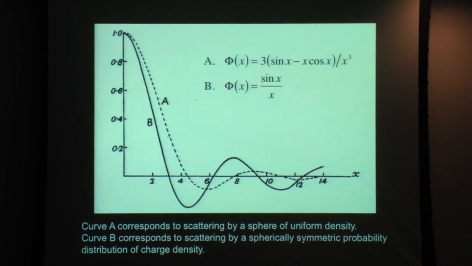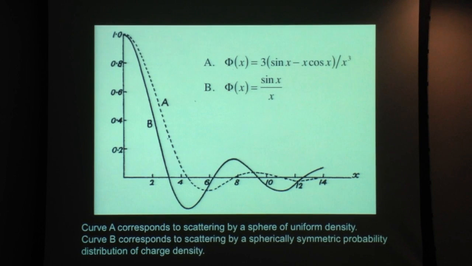Well, here are two functions that exhibit the kind of behavior that the scattering factor curves corresponding to the electron density do. And in fact, for our purposes, it's this one, the function b, which is a function of the form sine x over x.